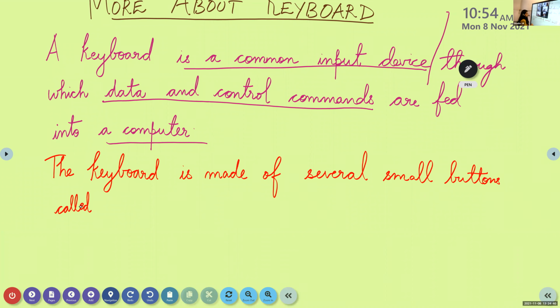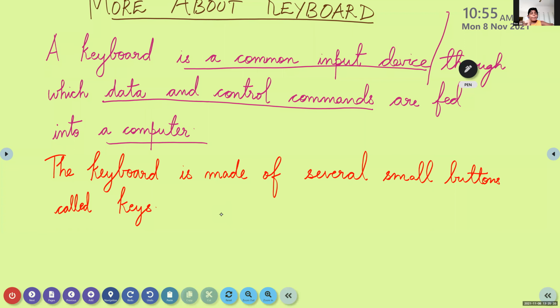What are they called? Keys. If it is just one button, what do you call it? Key. If there are two or more buttons, you call them keys. Correct. So the keyboard is made of several small buttons called keys.